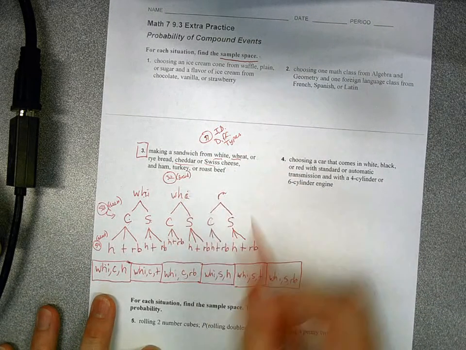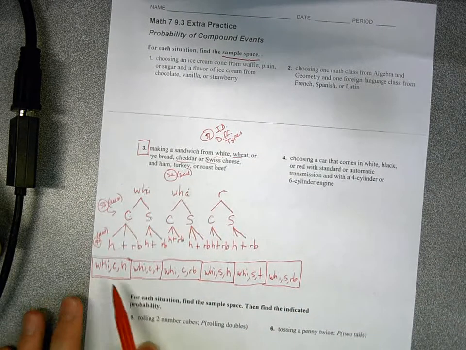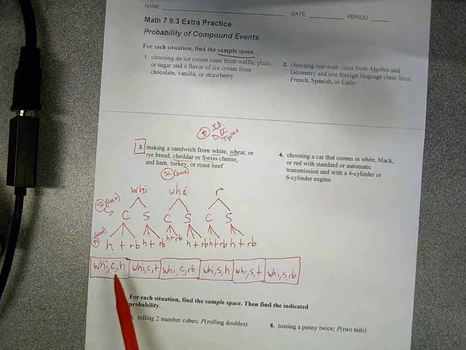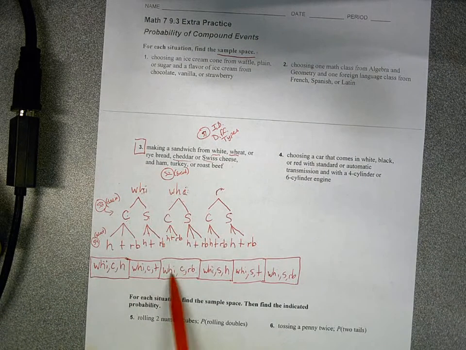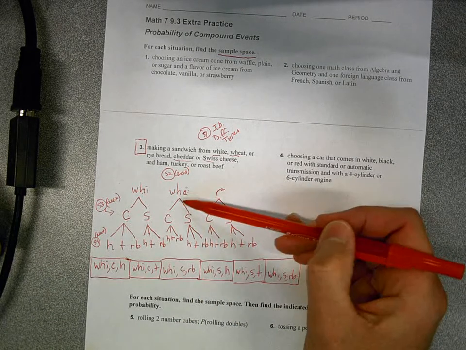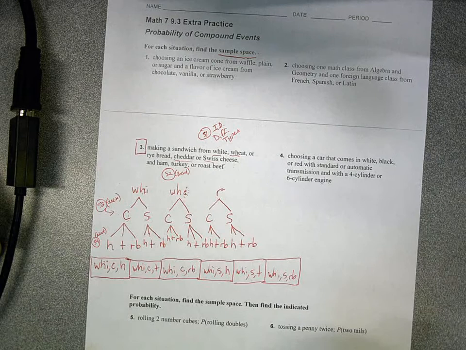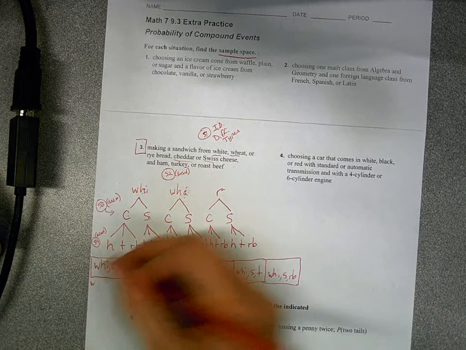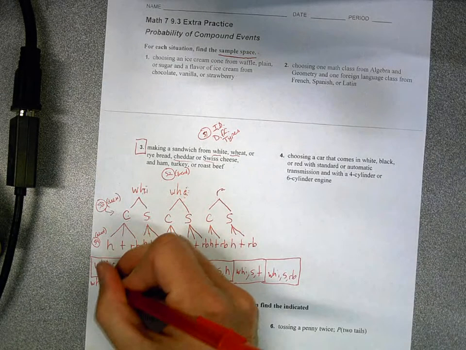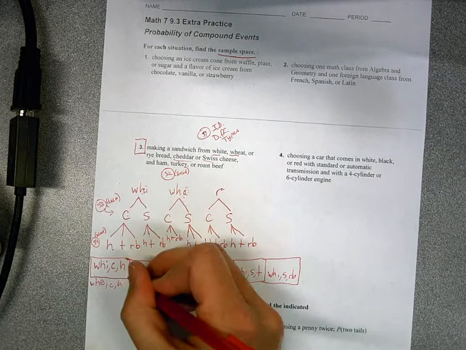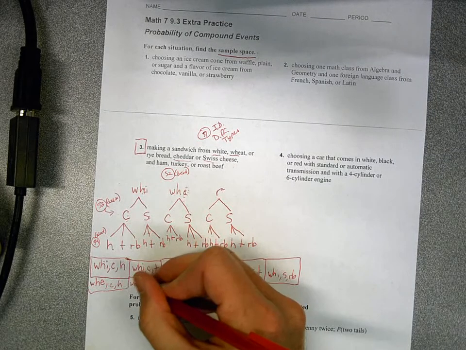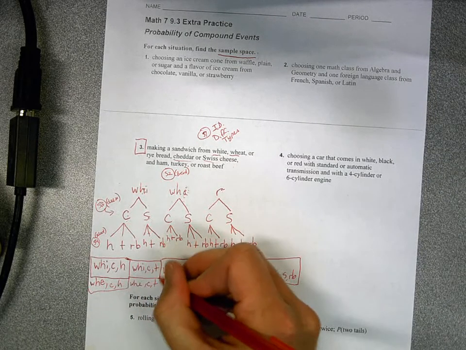Now listen, if you take a look, you can kind of get smart about this. I can actually copy everything down from here, but instead, of course, put W at the beginning, because the way we built it was very consistent. So we have wheat, cheddar, and ham. Wheat, cheddar, and turkey.